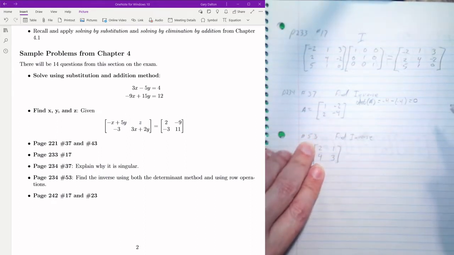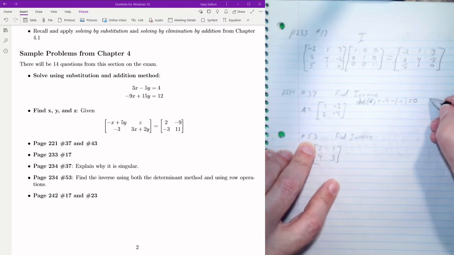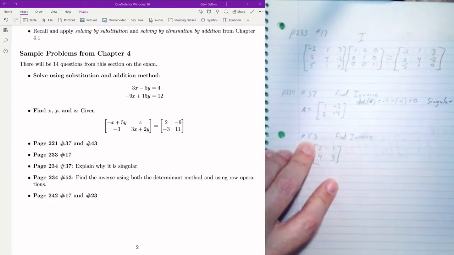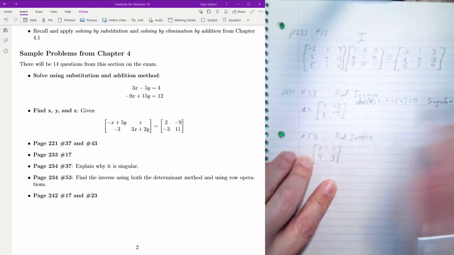So the determinant is equal to 0. So this is a singular matrix. There is no determinant. Huh. Okay. There's no determinant. There's no inverse. I'm sorry.